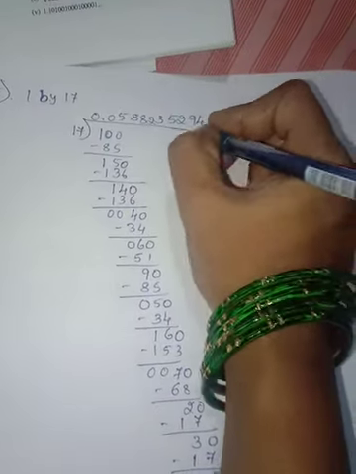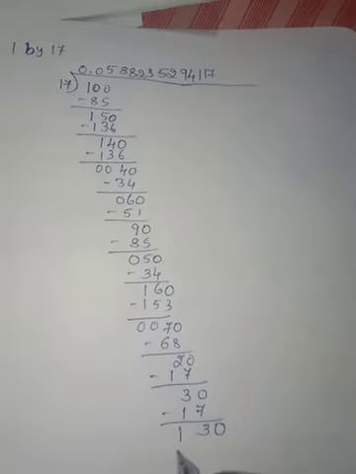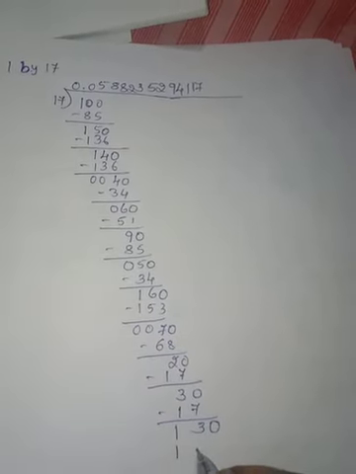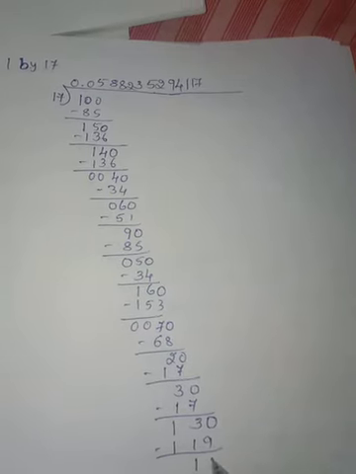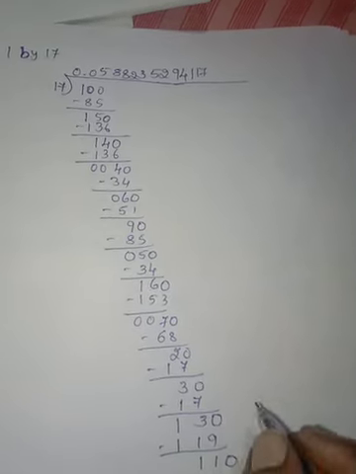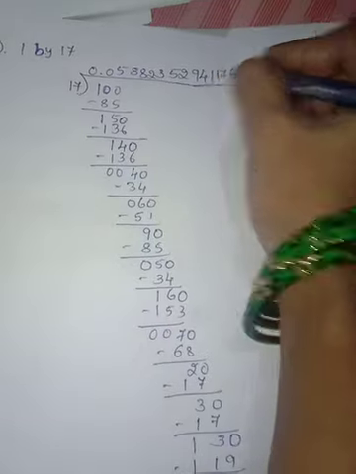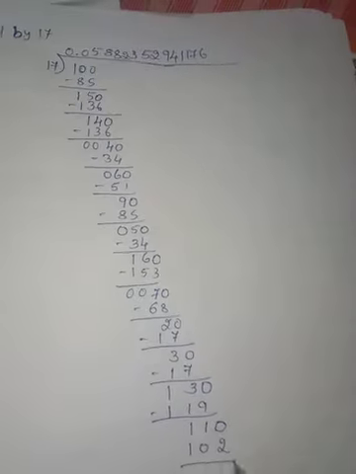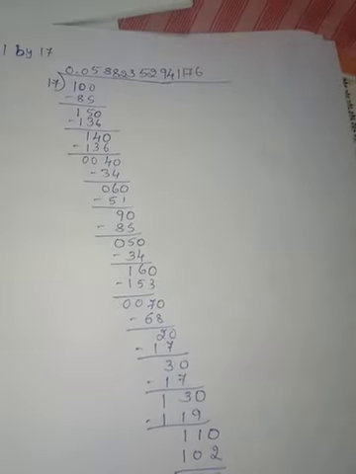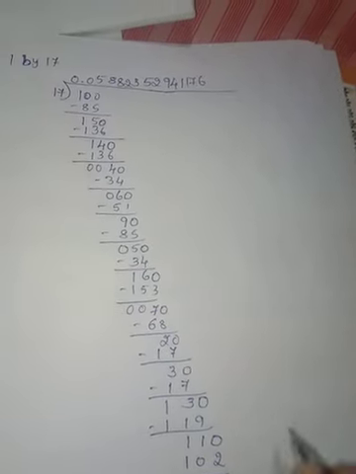Then again 17 sevens are 119. Then you are going to get 11. I will put again 0. Then 17 6s are 102. Then you are going to get 80. I will take one more 0.